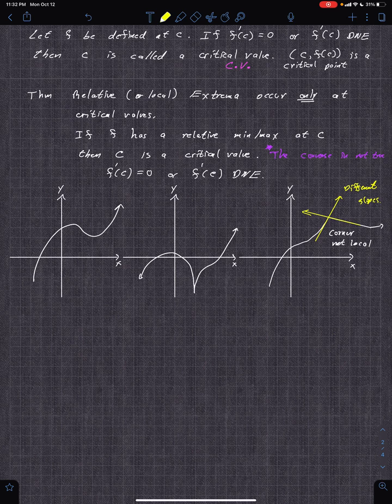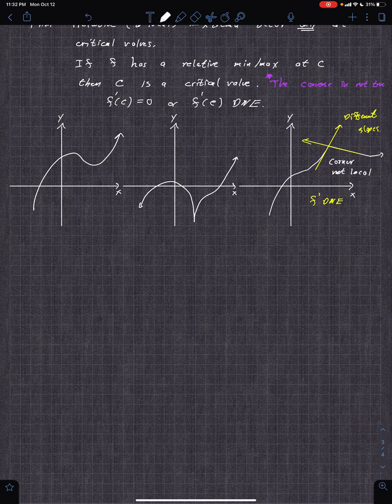So f prime may not exist there. That's a DNE, so f prime does not exist. But you need to see if it's a cusp. A cusp is where they approach infinity on the left and right, or vice versa, and then you get a cusp. So it only occurs on cusps that you get a local max or min. So those are not local max or min.